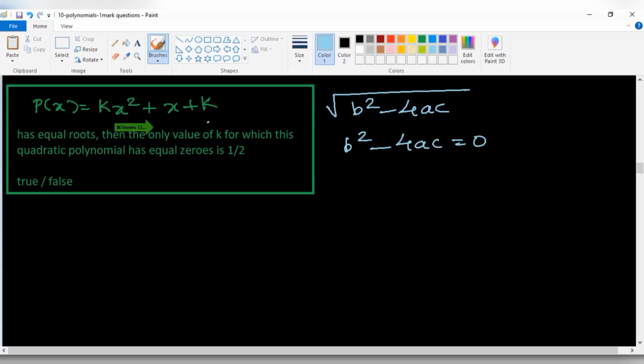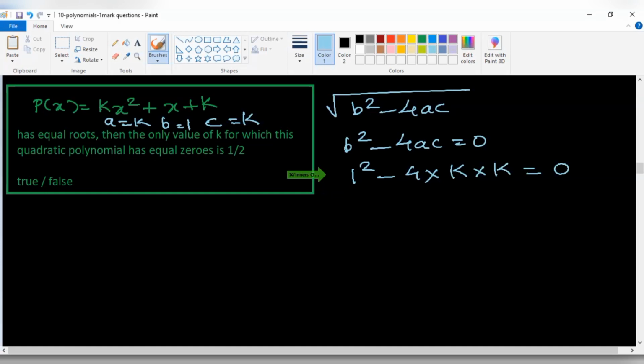Here, in place of a we have k, in place of b we have 1, and in place of c we have k. So let us put these values here. b square will become 1 square minus 4 into, in place of a we have k, in place of c also we have k, equal to 0.